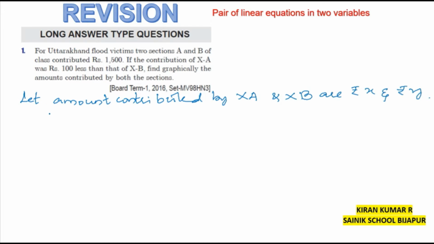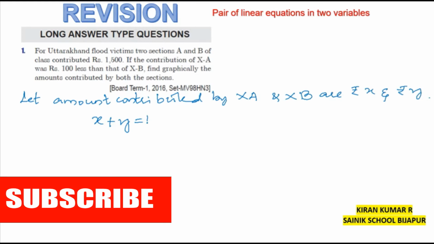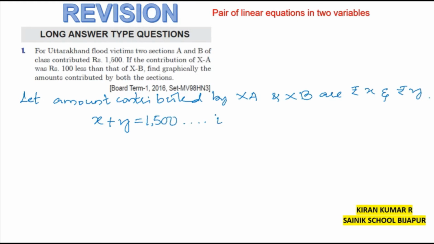As per the condition, the total amount contributed by both the classes, x plus y, is 1500. This is our first equation.